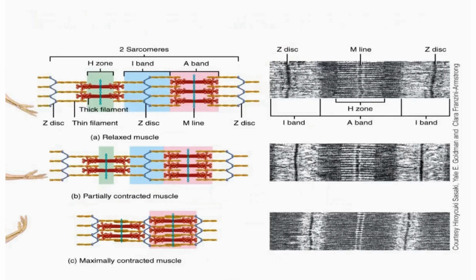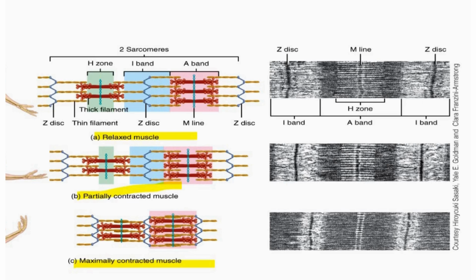Let's see how. So we have two sarcomeres. We have three situations: a relaxed muscle, a partially contracted muscle, and a maximally contracted muscle, of which the relaxed muscle, you can see this is a relaxed muscle. You have the A band, the H zone, the I band. In completely relaxed muscle, the myosin and actin are within their own loop, whereas in partially contracted muscle, the sliding has already started.